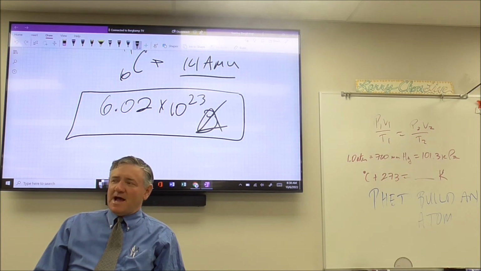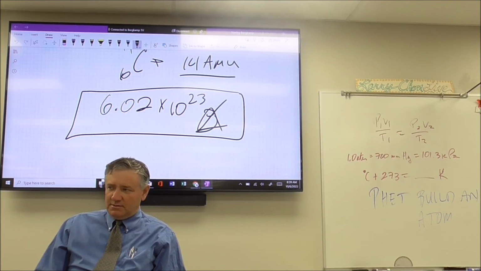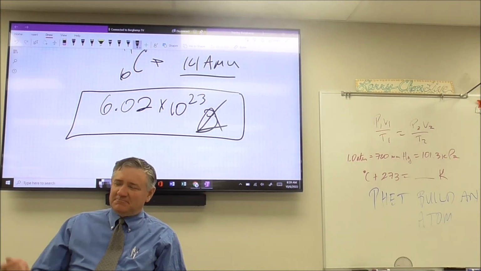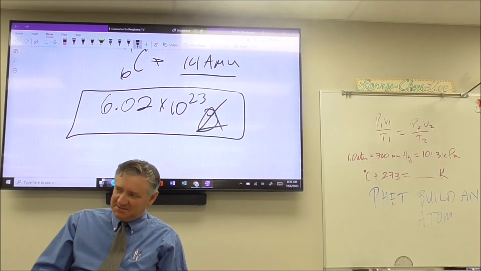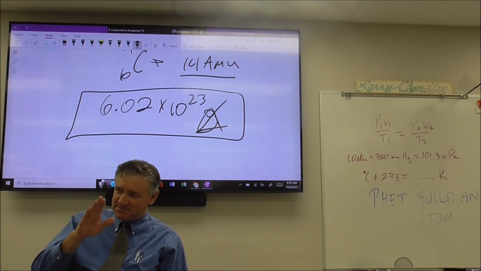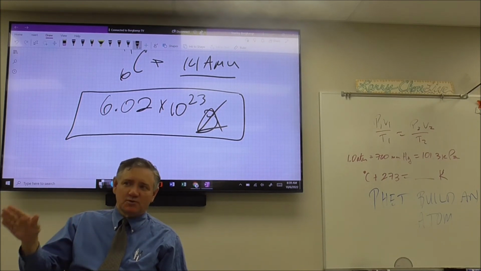That's more than the mass of our moon, okay? So when you're doing mole conversions of mass, protons, electrons, and neutrons are very, very small. This is why you never use 6.02 times 10 to the 23rd grams.